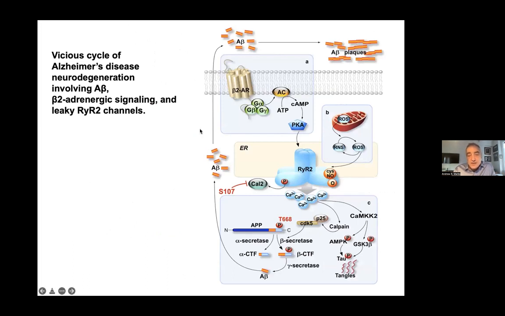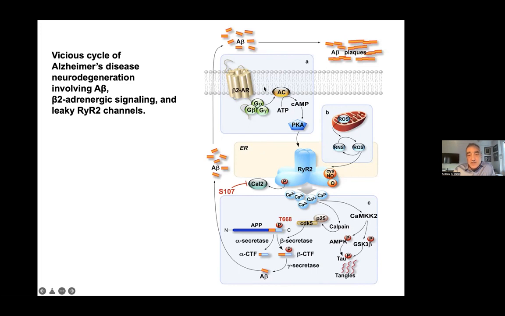So taken together, this introduction by way of background makes the case that if you have a leaky ryanodine receptor in the neurons in your brain, this calcium leak can be upstream of pathways that lead both to neurofibrillary tangles and amyloid deposition by activating calcium activated enzymes, CaMKK2, calpain, and so on. And this can create a vicious cycle where you develop a leak in the ryanodine receptor, which can be toxic to neighboring mitochondria, inducing them to produce more reactive oxygen species, which further oxidize the ryanodine receptor and exacerbate the leak.